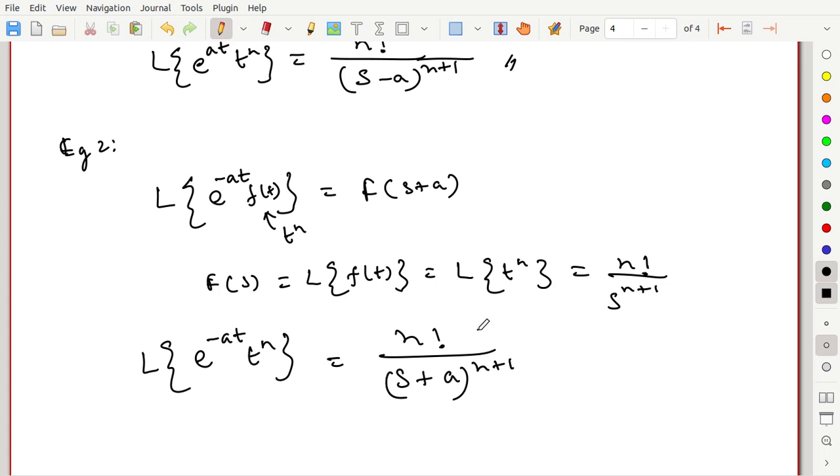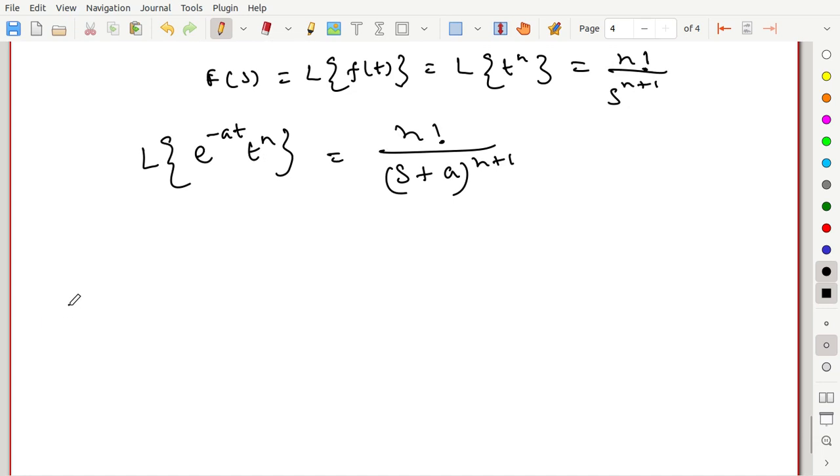Next, example 3. We have to find L of e power at sin bt.